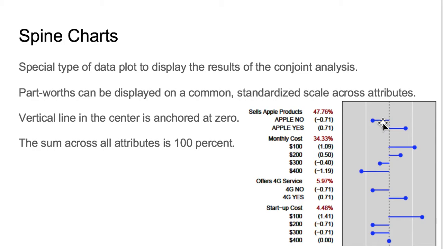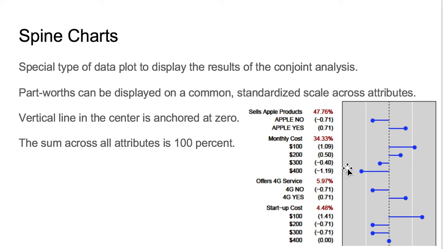The preferred product or service characteristics have positive part worth and fall to the right of the spine. Less preferred product or service characteristics fall to the left of the spine. The spine chart shows the standardized part worths and attribute importance values.